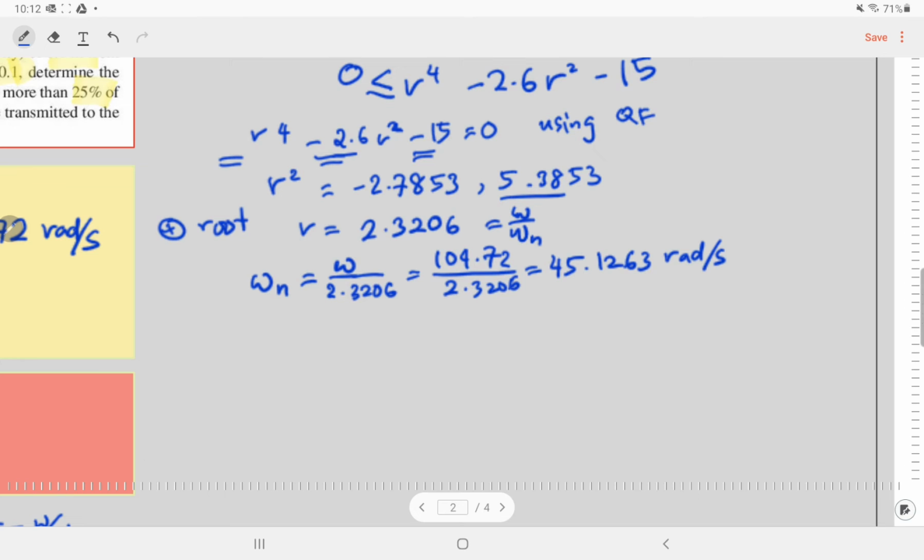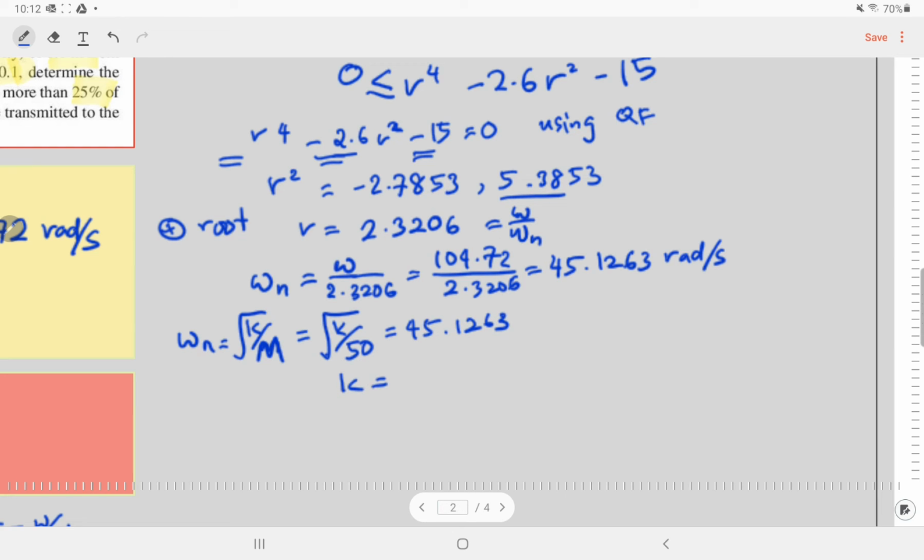Once you get your omega n, you know that omega n is equal to the square root of k over m. Don't forget you use capital M, which is 50 kilogram. So you can actually solve for your K. You have K over capital M, your 50, is equal to 45.1263. Then you can calculate your K.